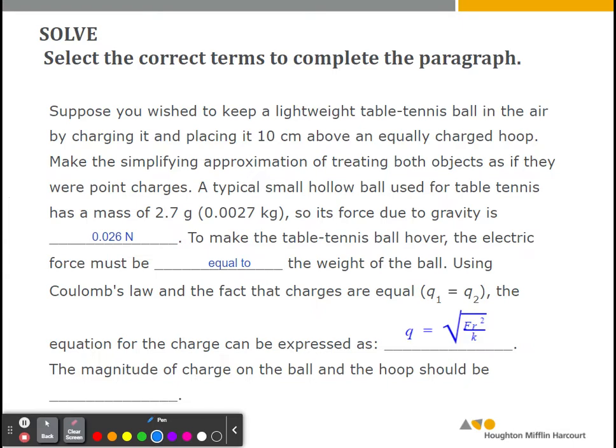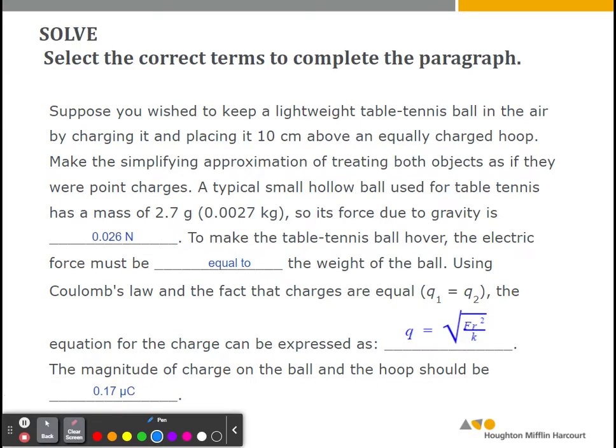Since Q is the same, then F equals K Q squared over R squared. So when we solve for that, we get an equation like what's written here. The magnitude of charge on the ball and the hoop should be 0.17 microcoulombs.